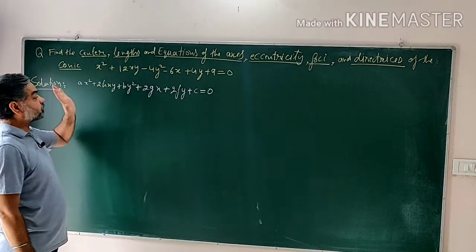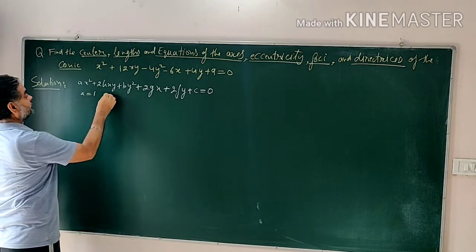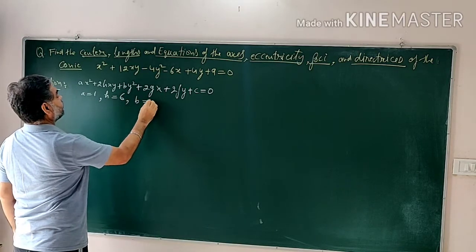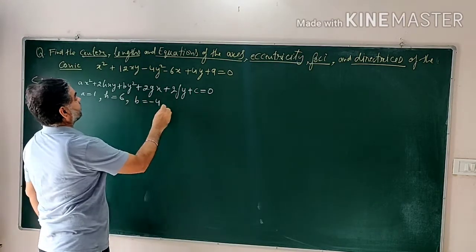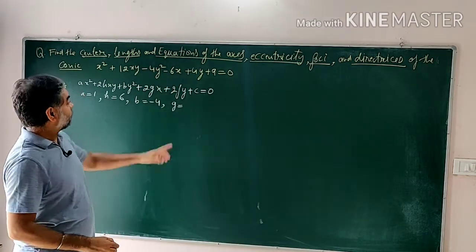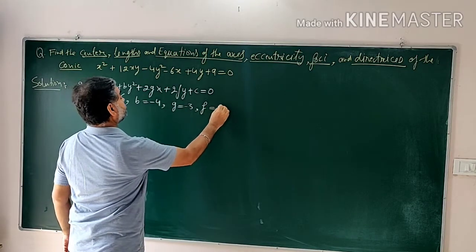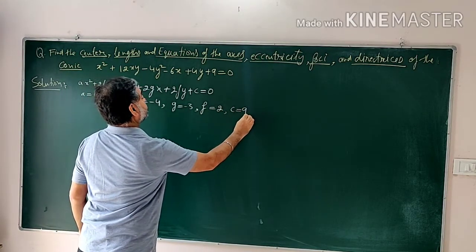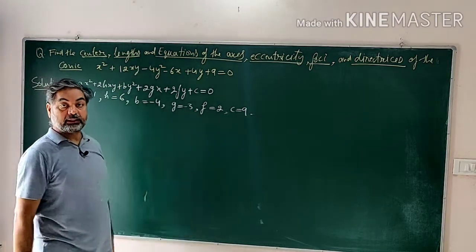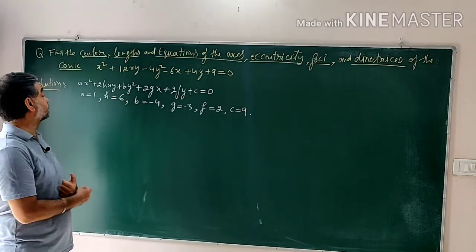If you compare this equation with this, the values that we get are a is equal to 1, h is equal to 6, b is equal to minus 4, g is equal to minus 3, f is equal to 2, and c is equal to 9. Comparing this equation with the general second degree equation in x and y, we get these values.